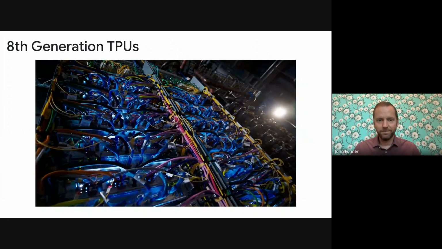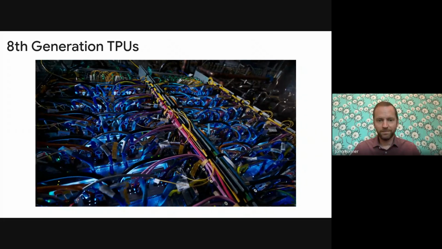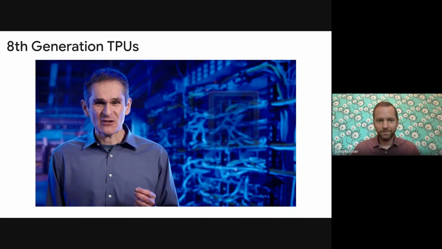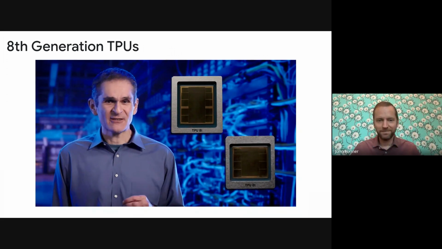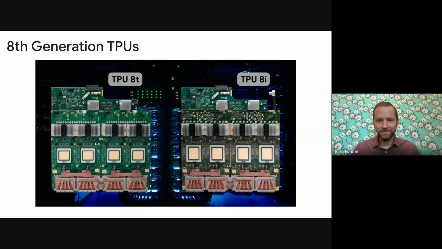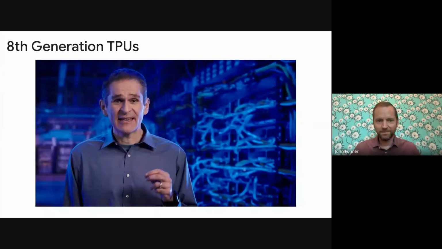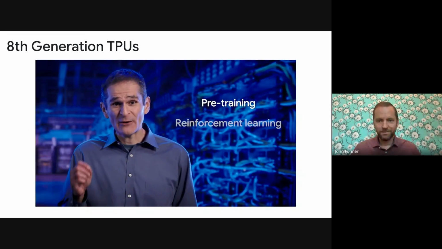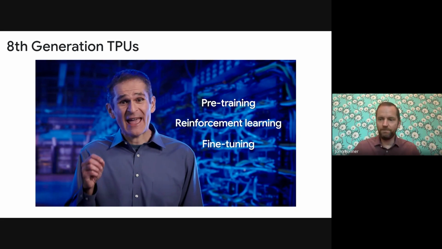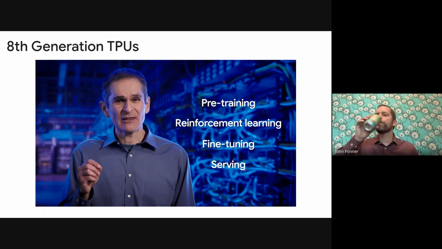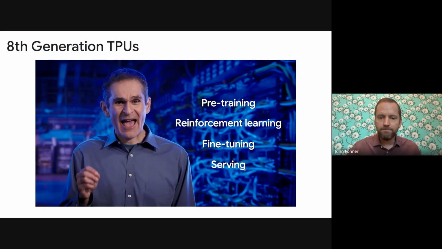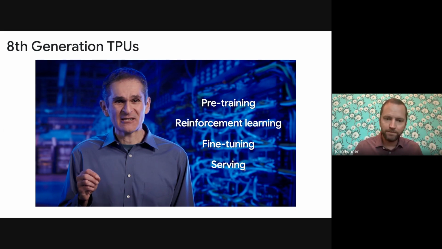Customers often ask if scale must come at the expense of speed. The reality of our 8th generation TPUs is that we have transitioned away from a singular, one-size-fits-all approach. While both architectures remain highly capable across the full AI lifecycle, encompassing pre-training, reinforcement learning, fine-tuning, and serving, we have purposefully optimized each system to unlock maximum efficiency and value for the most critical stages of AI development.